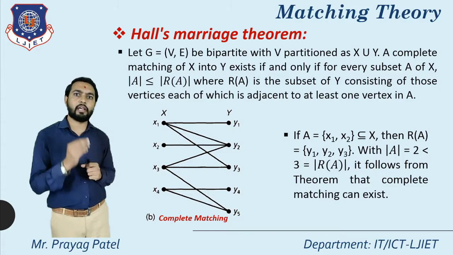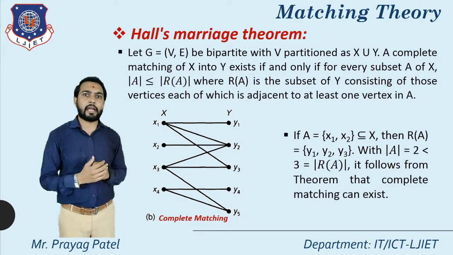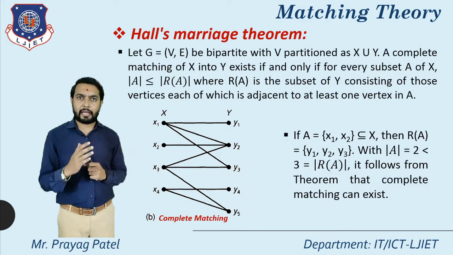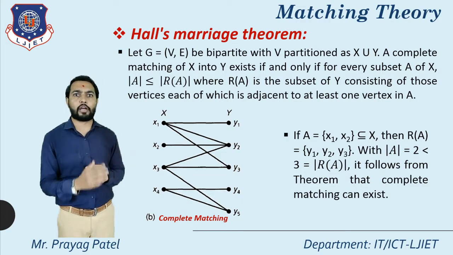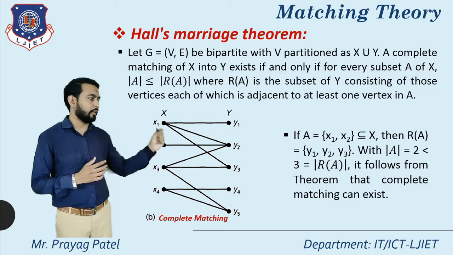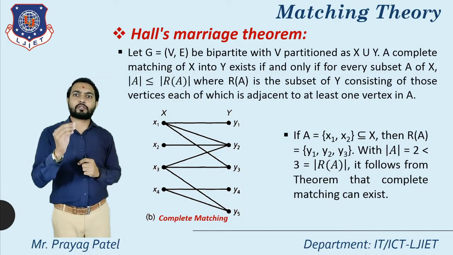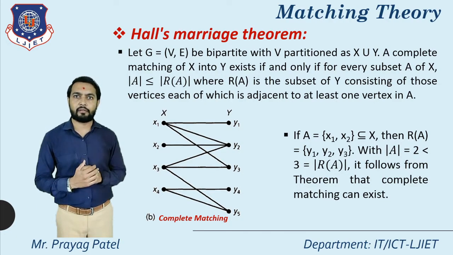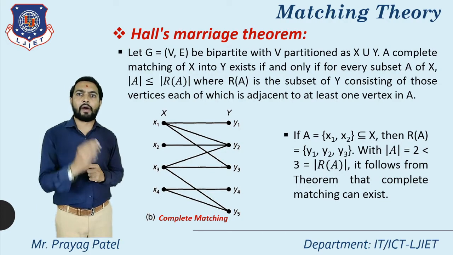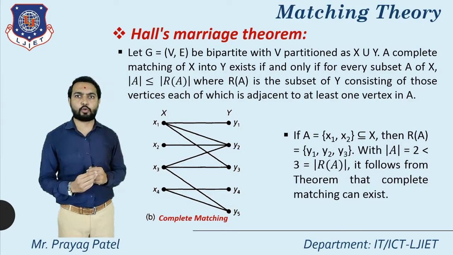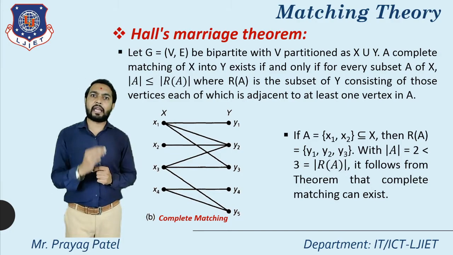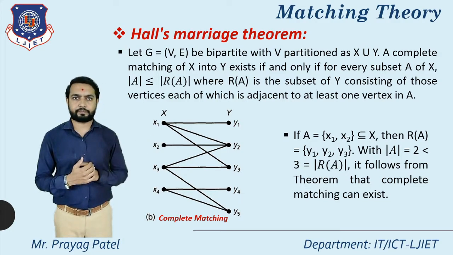See here, for example, if we consider A equal to {x1, x2}, so two elements are in A, both are a subset of X. Then what is RA? x1 has three values, y1, y2 and y3. x2 has one value, y2. So the combination of x1 and x2 in the second set is y1, y2 and y3. So RA equals {y1, y2, y3}.